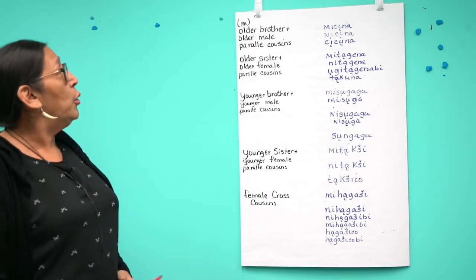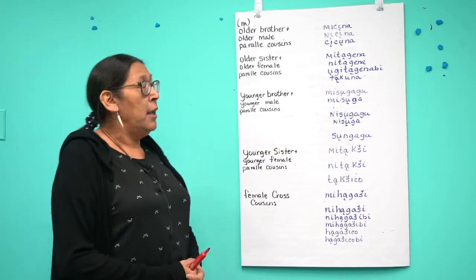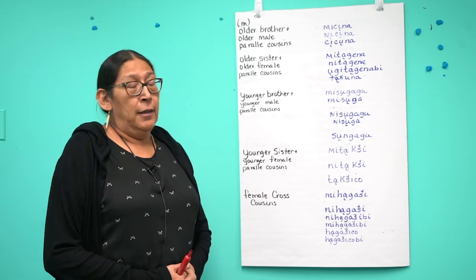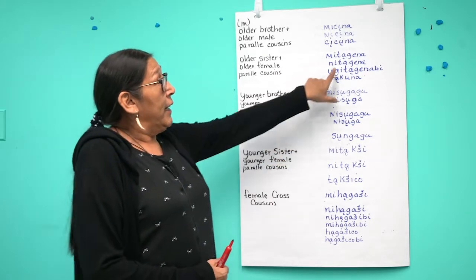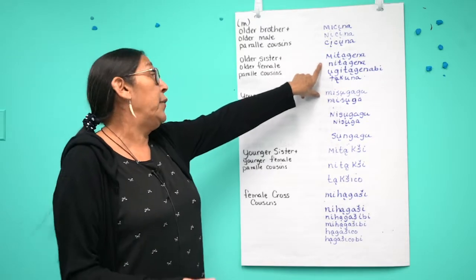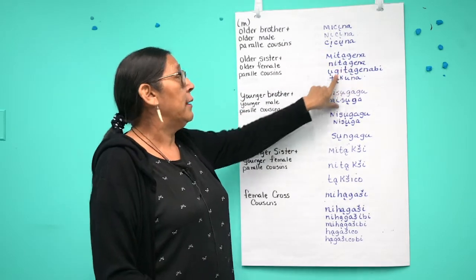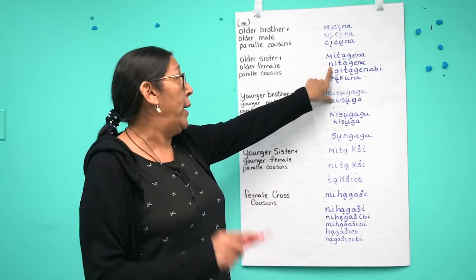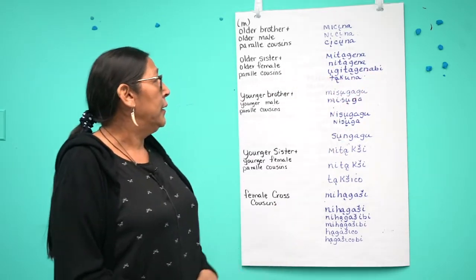Now we'll go into our older sister and our older female parallel cousins. Mitangena, my older sister or my older female cousin. If she's your older sister or your older cousin and you're a man, she is your nitangena.